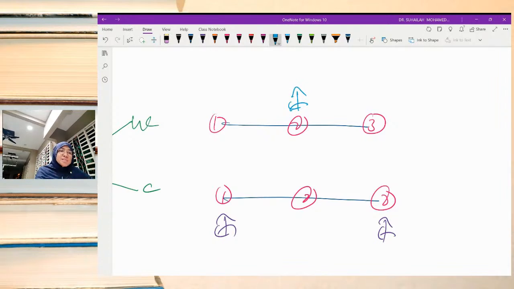Total must be 6, it is 3 times 2, so 6 DOF. We label as 1, 2, 3, 4, 5, 6.